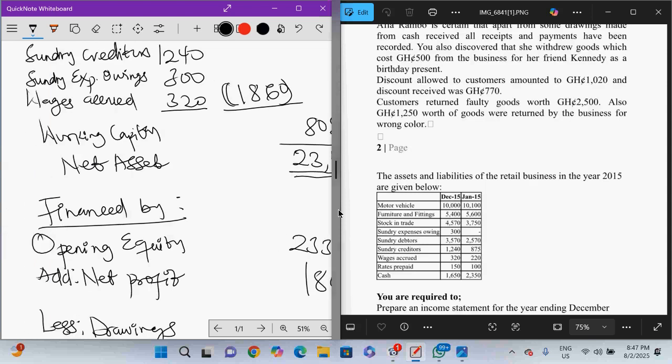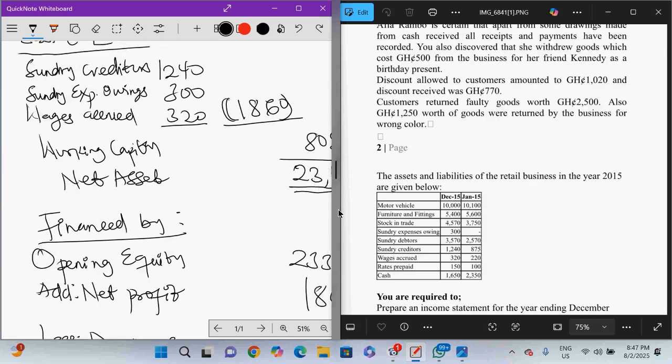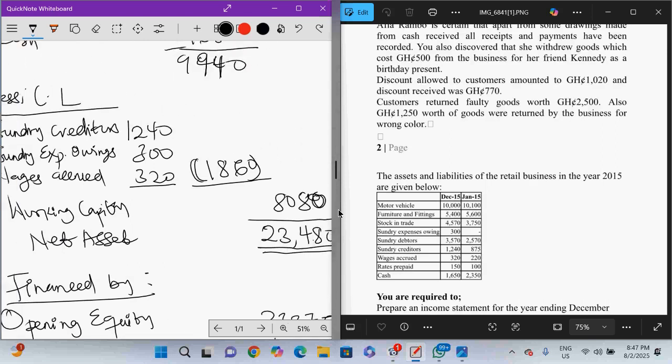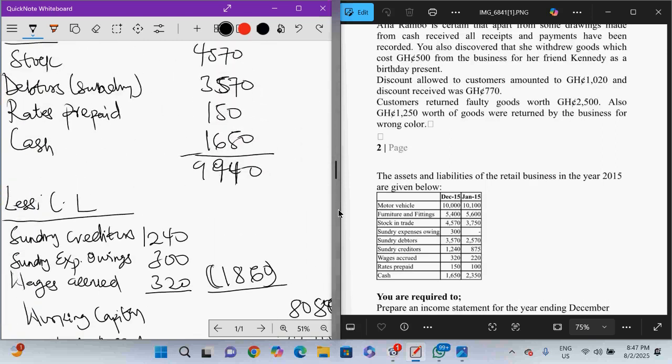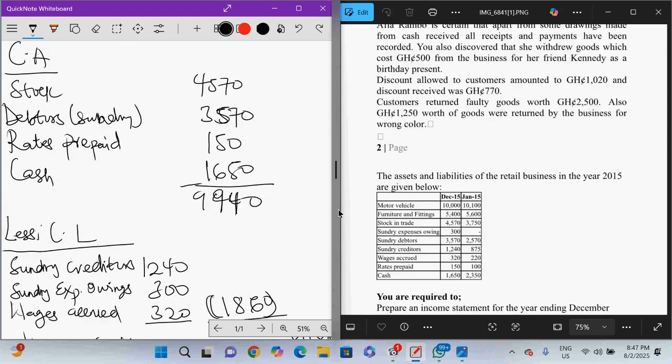Right. So this is for today. If there is any question that is to come, it's likely you get something like this, where you are going to use the income or the cash book approach. In this question, we were given the items to prepare the cash book. In another question, the cash book might be prepared for you to just use.